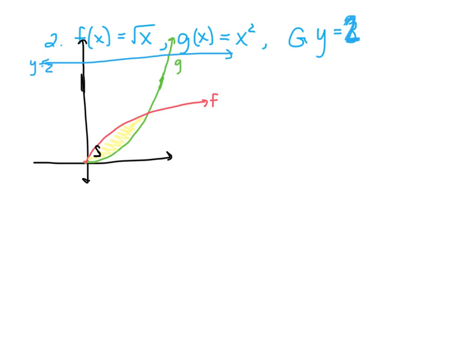Okay, so now I'm going to have to draw in, again, those lines representing my two radii. We want the radii to be drawn perpendicular to our axis of rotation. So this time we're going to start from the green curve, from my g curve, and go all the way up perpendicular with that axis of rotation.